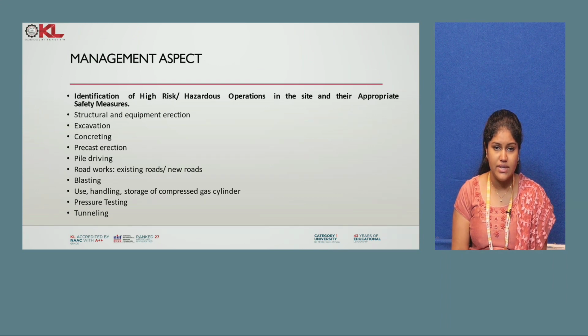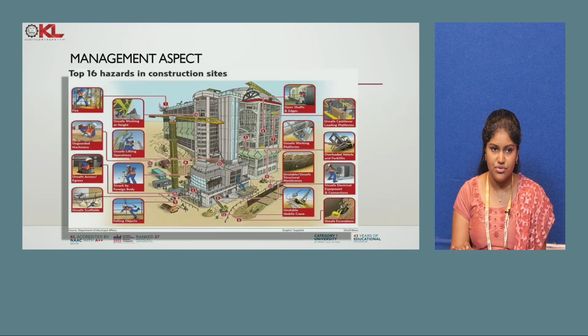Identification of high risk or hazardous operations in the site: structural and equipment erection, excavation, concreting, pre-erection, pile driving, etc. are some of the things which give high risk in the construction industry.